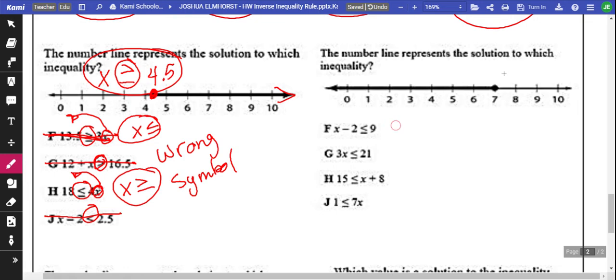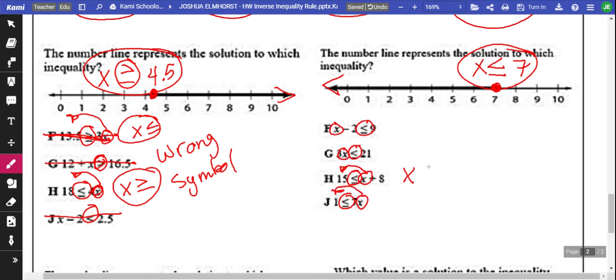Okay, and then looking at the next one here, here's a solid circle, so that's equal to, and then it's going to the left, so that is less than. So x is less than 7. So we go down here, here's our variable, here's the sign, variable sign, variable sign, and then variable sign. Flip this over to the other side. So this says x is greater than.